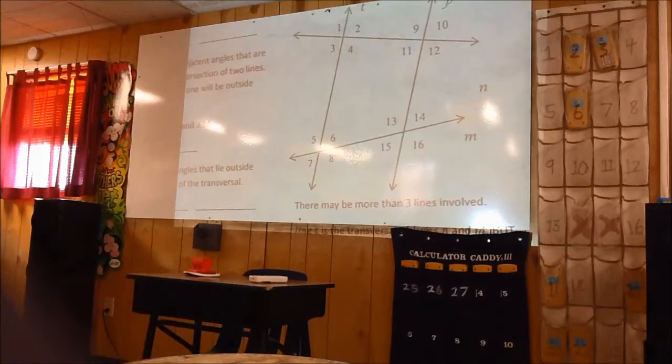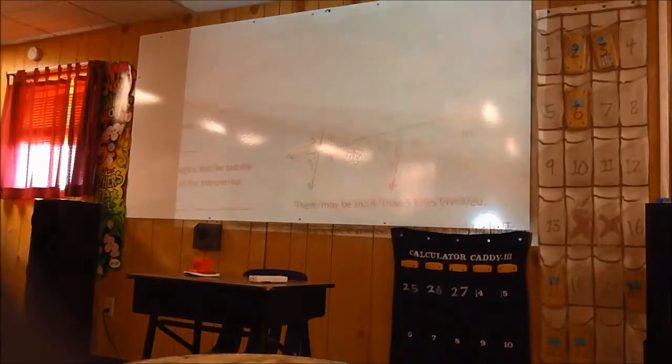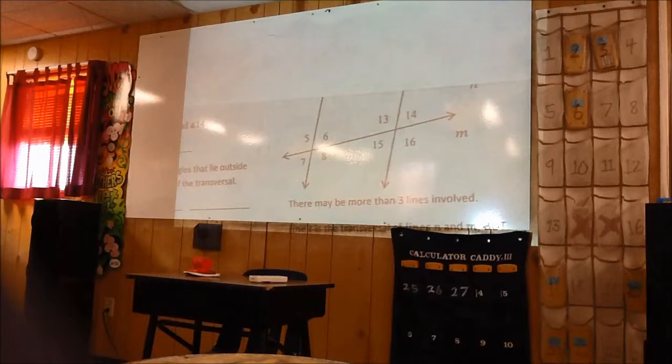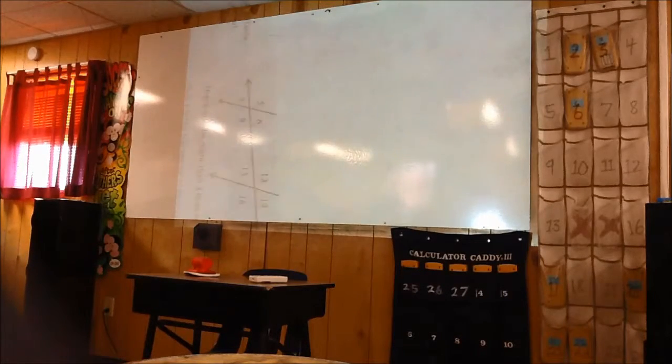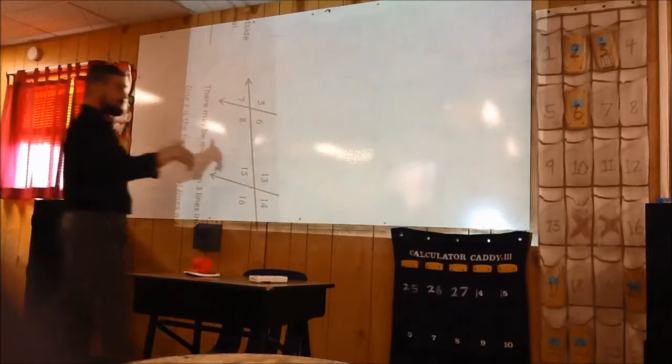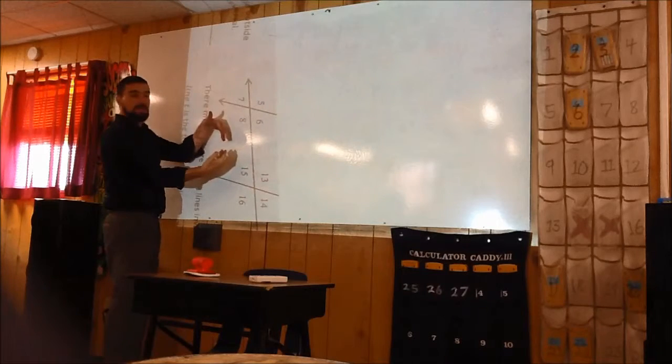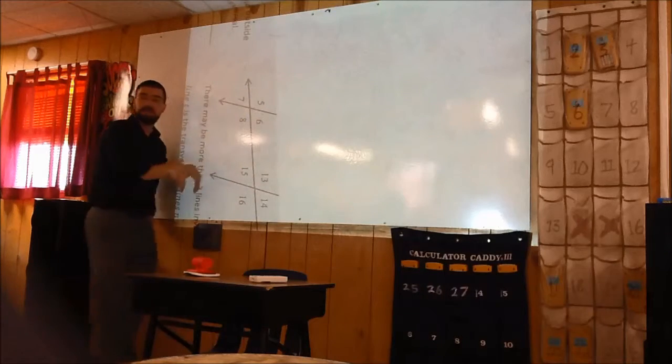Once again, I'm going to block out everything I don't need. All I need are the bottom two intersections. Then I'm going to rotate my piece of paper so the transversal is running up and down. And I can see that 8 and 15, those are the ones we're talking about, are in between the two lines and on the same side of the transversal.